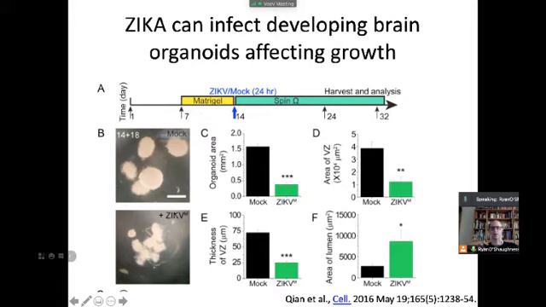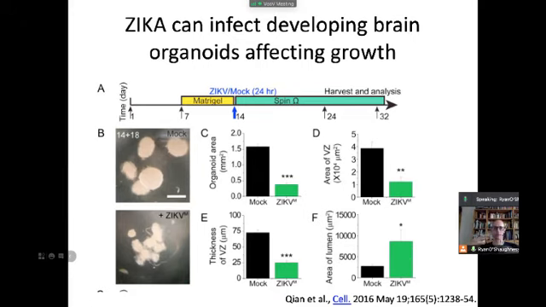Not only were the Zika organoids smaller, so they had a smaller organoid area overall, the ventricular zone, which is where all the cortex tissue is, was much smaller in Zika infected organoids. The thickness of the ventricular zone was much less in the organoids, and the area of the lumen, that hole in the middle of the organoids, was much larger.